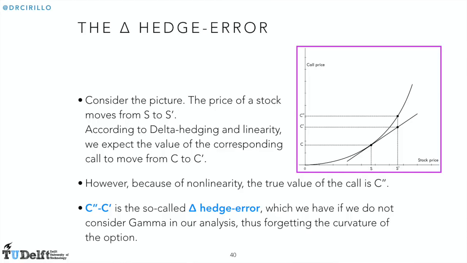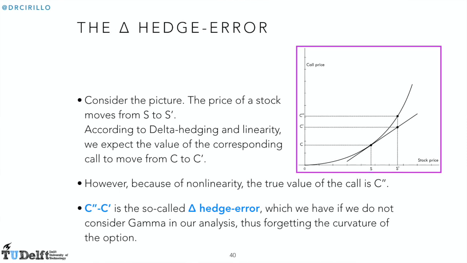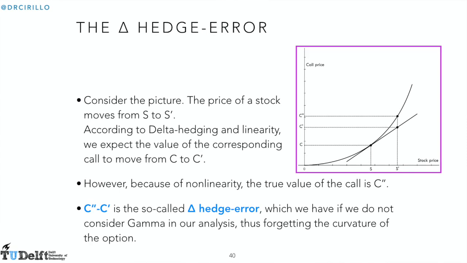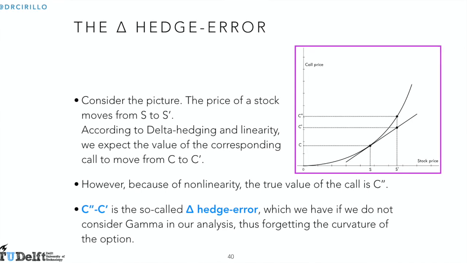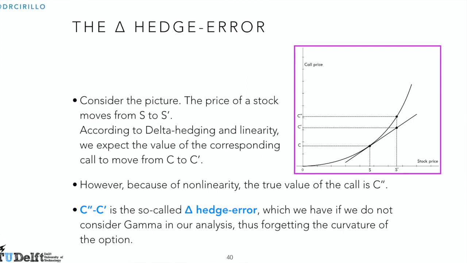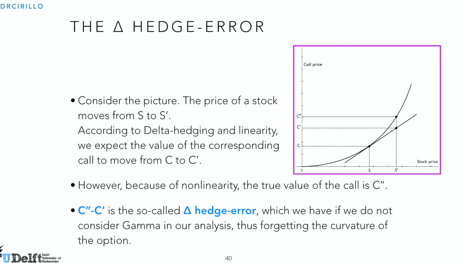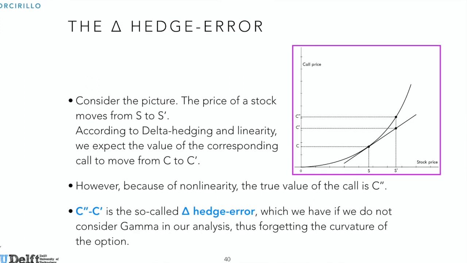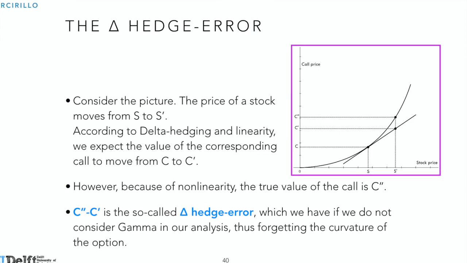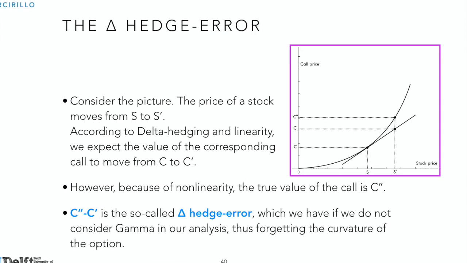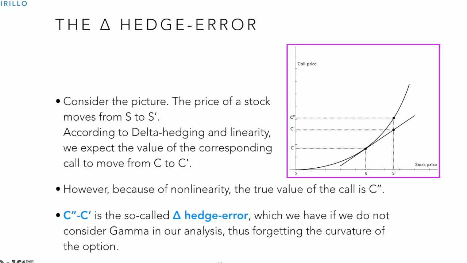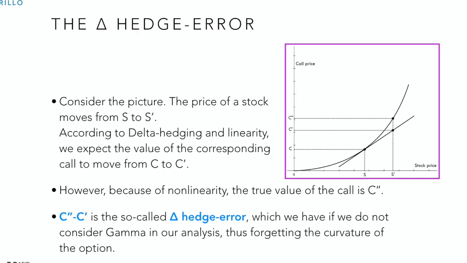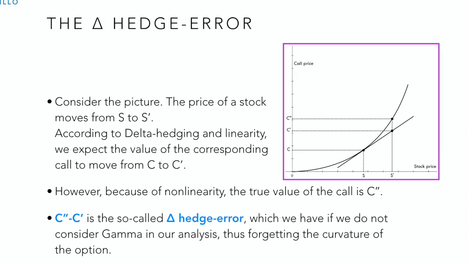So this is the relationship between the stock price on the x-axis and the value of a call. I'm not specifying what type of call, but it's not relevant for me. Imagine that today the value of the underlying asset is S. So I am exactly in the point S, C. If I take the delta here, I'm essentially computing the slope of this tangent line to the point.